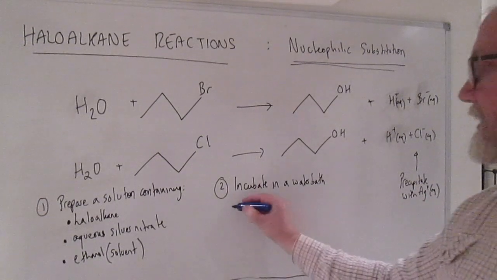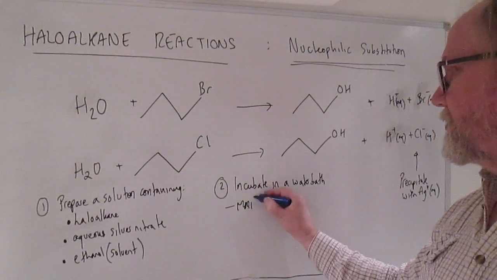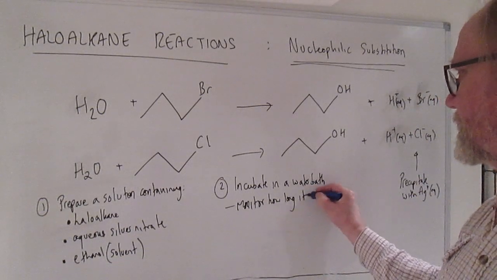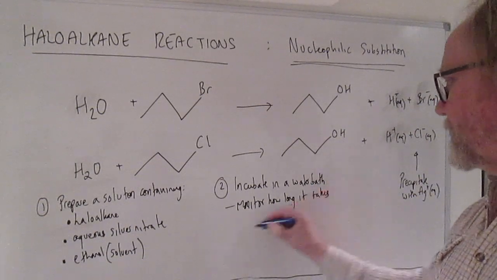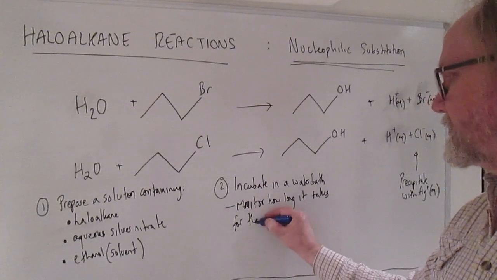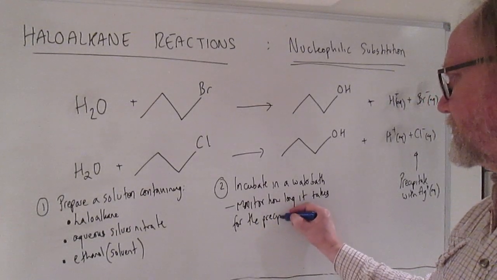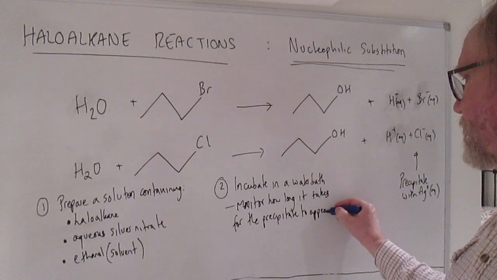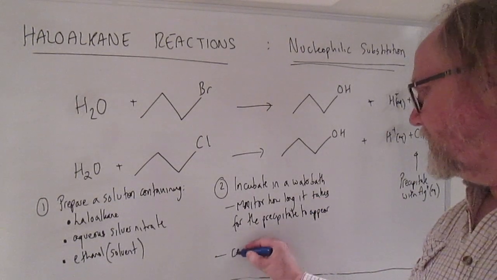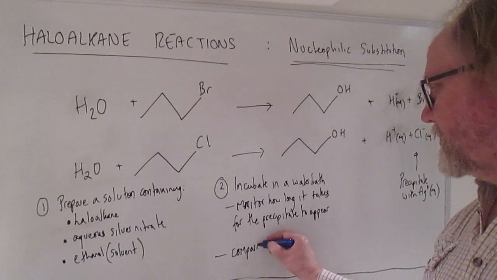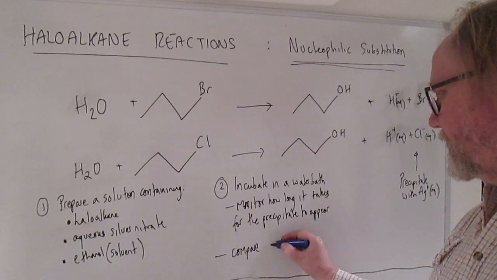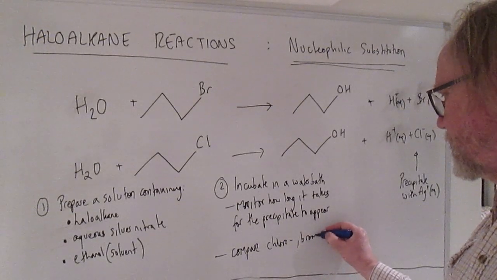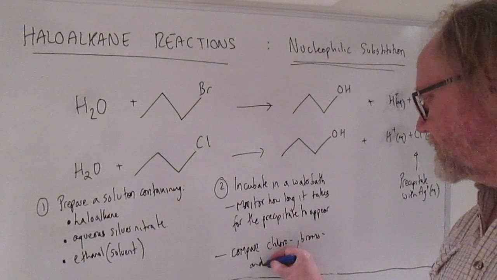In this case, monitor how long it takes for the precipitate to appear. And the idea is that you compare chloro, bromo and iodoalkanes.